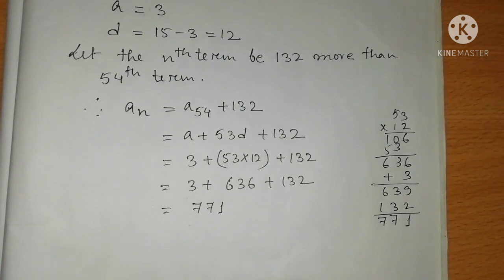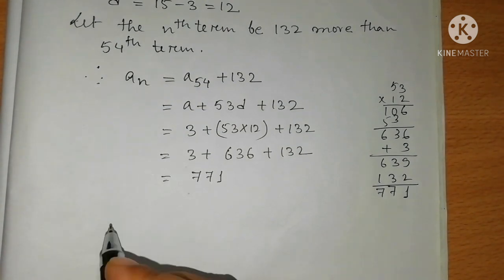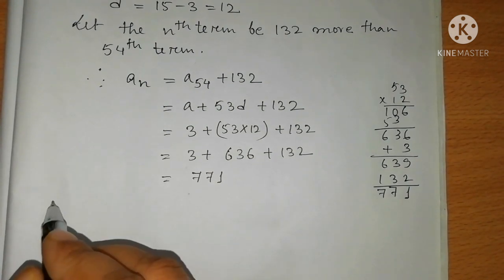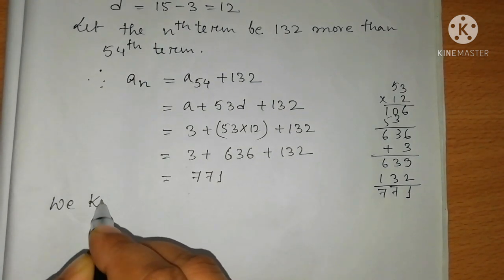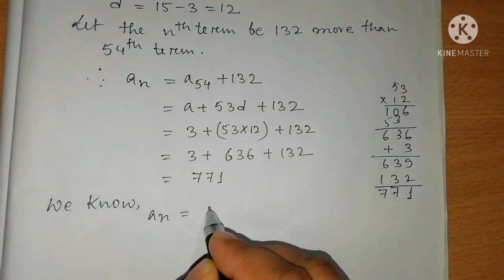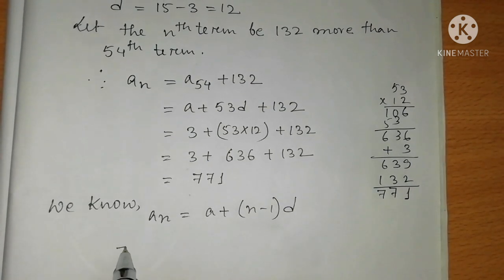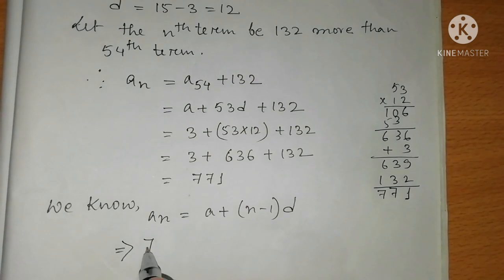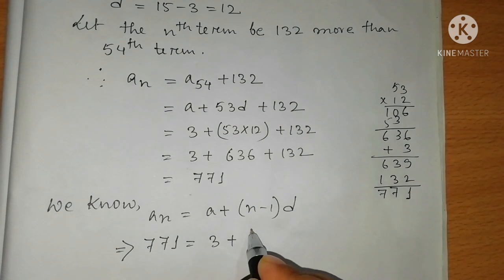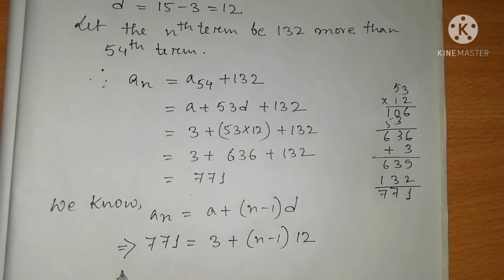Now, as we are asked to find which term, that means we need to find n, small n. As we know, a_n is equal to a plus (n minus 1) d. a_n is given to us, we got it as 771. So 771 equals 3 plus (n minus 1) times 12.